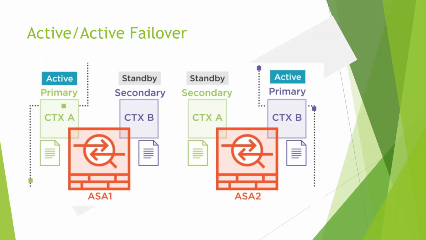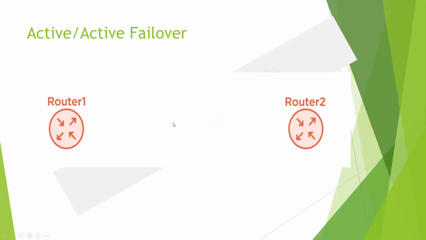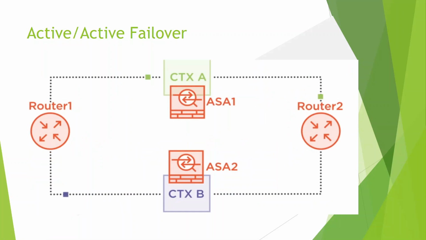So where you might see this, you might imagine that we have a router on either side of my physical ASA, router 1 and router 2 on the other side, and we might have CTX-A on ASA1 that provides one route to get across, and let's say we have ASA2 with CTX-B that provides a secondary route.